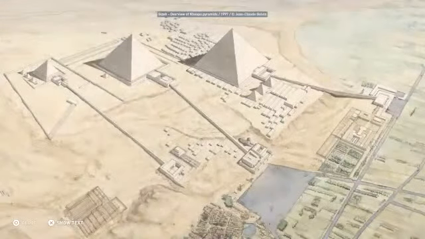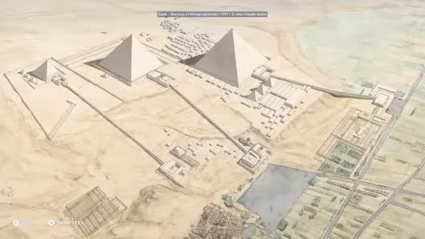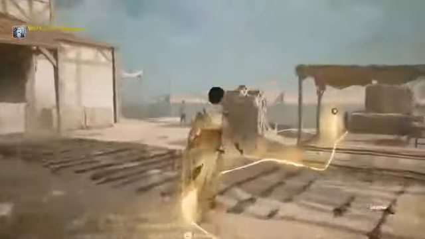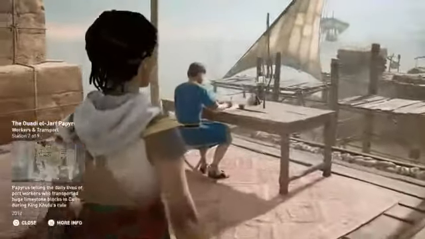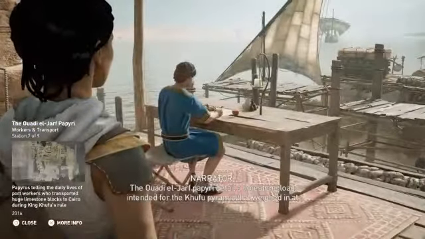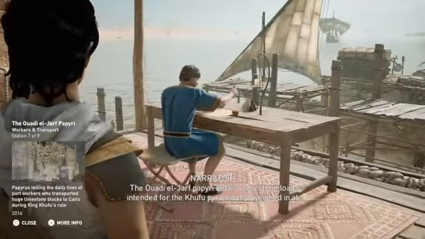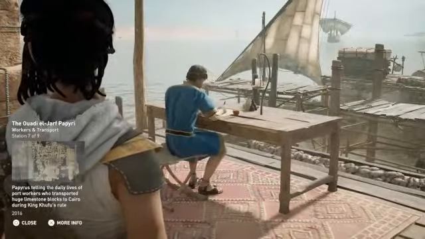All right, Giza, overview of Cheops Pyramids, 1997. Credit Jean-Claude Dalbin. The Wadi al-Jarf papyri detail a limestone load intended for the Khufu pyramid that weighed in at 70 to 80 tons, or 30 blocks.